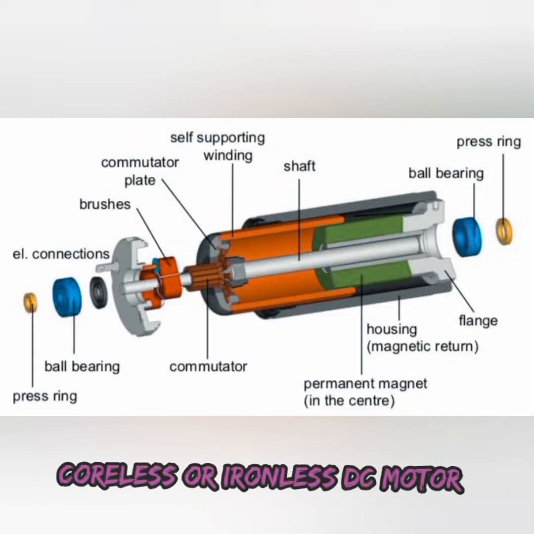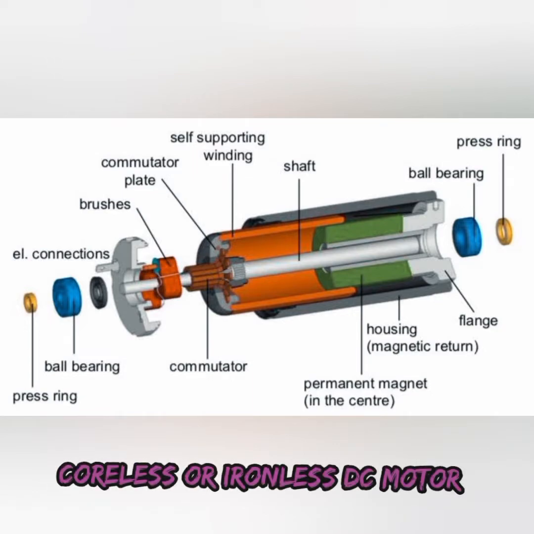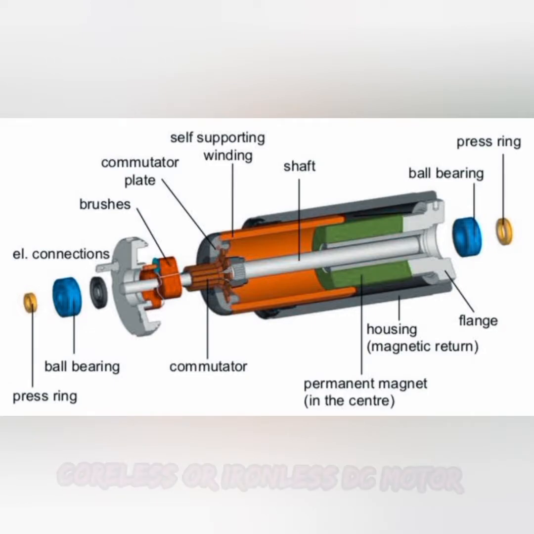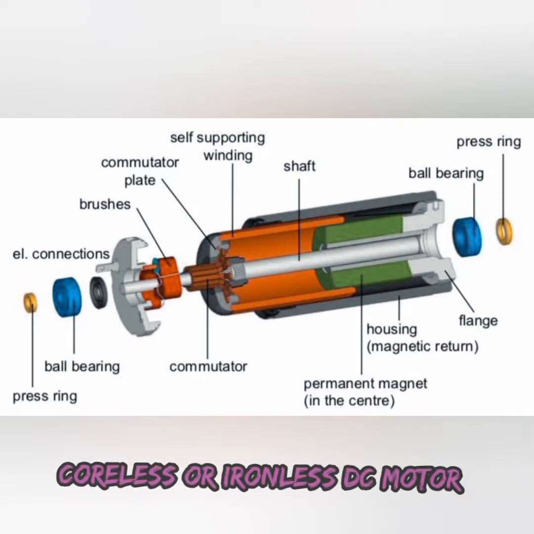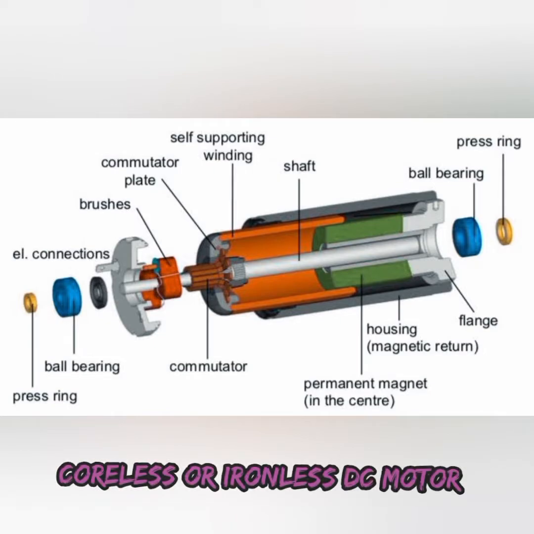We will see the general structure now. So this is what your coreless or ironless motor looks like. It has various parts: a permanent magnet and the housing in which the magnetic field returns, the shaft which is connected with your rotor, and the self-starting winding which surrounds the shaft, and then the commutator and the brushes which are connected with the external load in order to convert the electrical energy into mechanical energy.